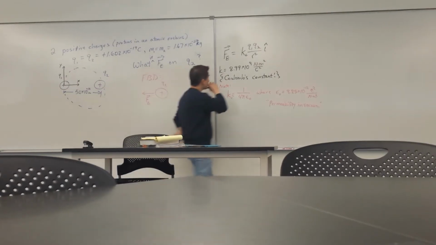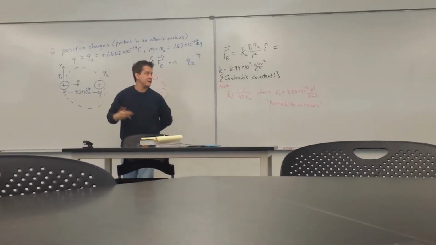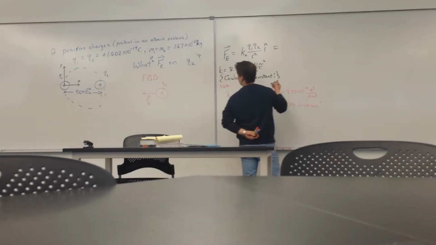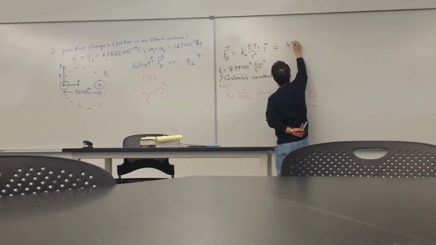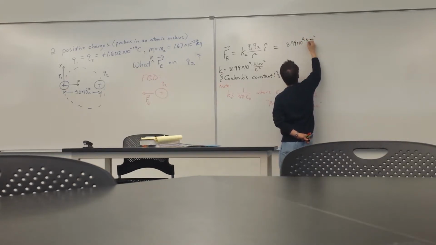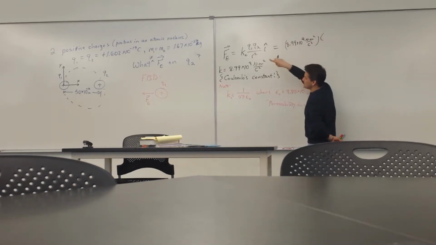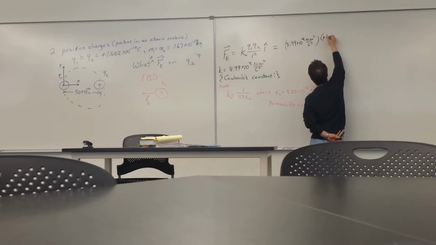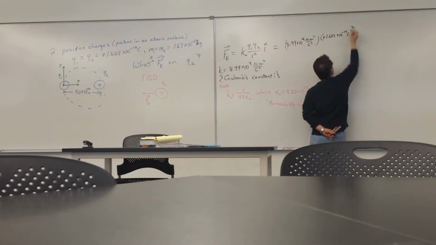So at this point now, we can calculate some values and put some numbers in, and it's pretty straightforward plug and chug. So we've got about 8.99 times 10 to the positive 9th Newton meters squared per coulomb squared. Multiply this by, since we have the same value of charge, 1.602 times 10 to the negative 19th coulomb squared, Q1 times Q2.